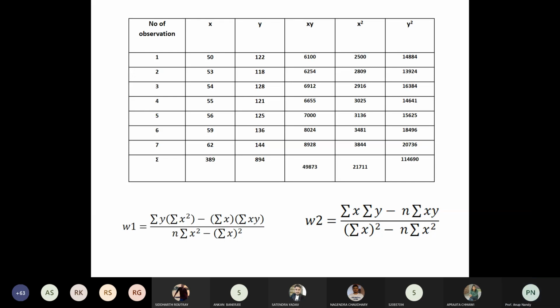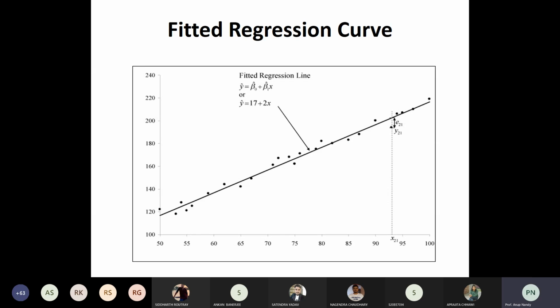Okay. Next, you have to have this fitted regression line. Suppose you have fitted it: y hat is estimated, where it is b0 hat plus b1 hat x.